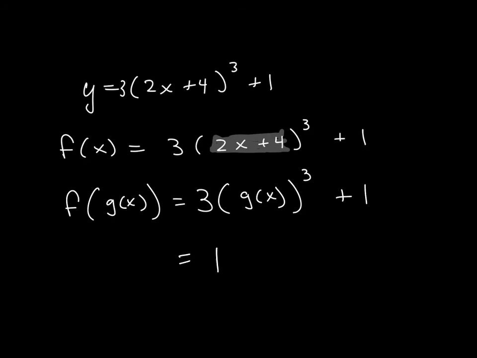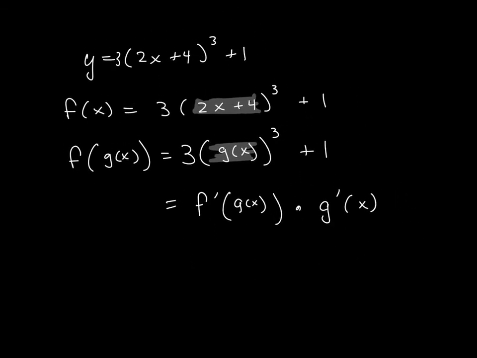So I can take the derivative of the outside and I multiply that times the derivative of the inside. Again, the g of x is your inside function. So the derivative of the outside is just y prime is equal to 3.